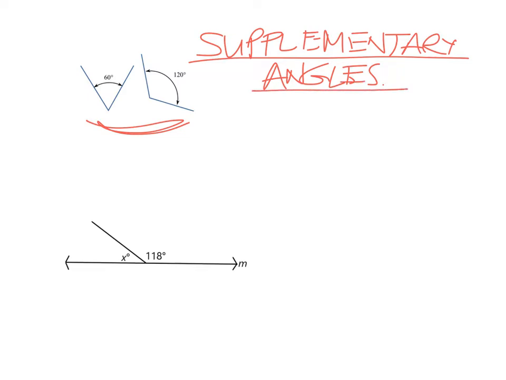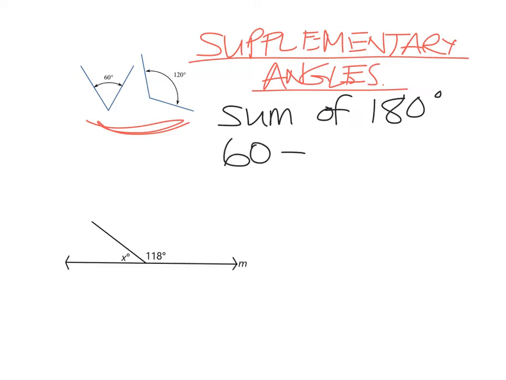So the thing that we know about supplementary angles is that they add up to 180 degrees. So sum of 180 degrees. Okay. So if I take it from this diagram, it would say 60 plus 120 equals 180.